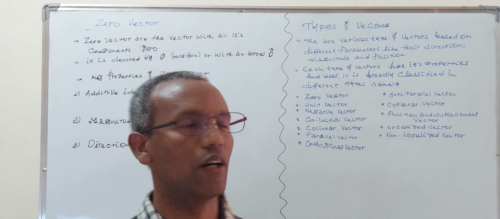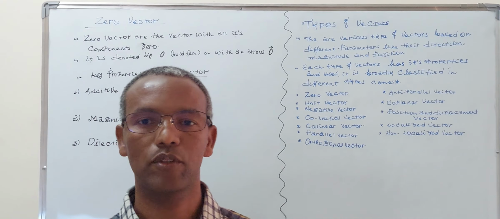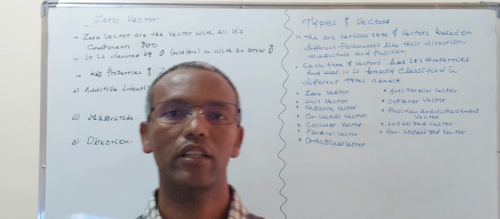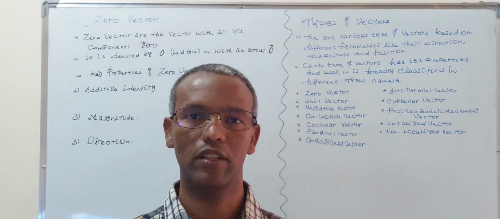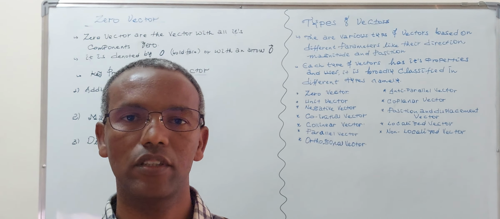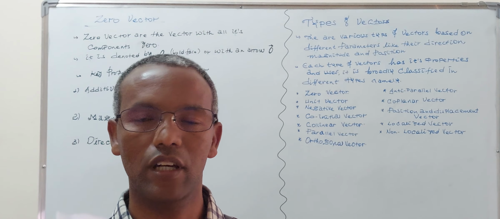In this section, we will see about types of vector. I believe you remember in the last section, we described types of physical quantity, which are scalar physical quantity as well as vector physical quantity.